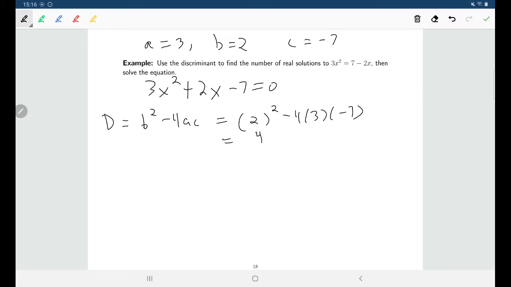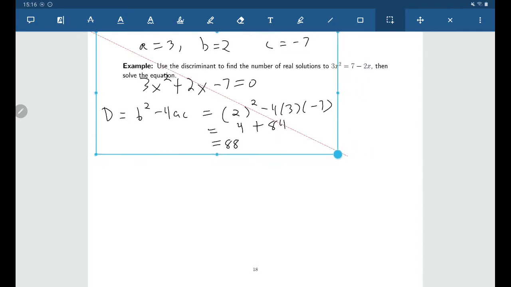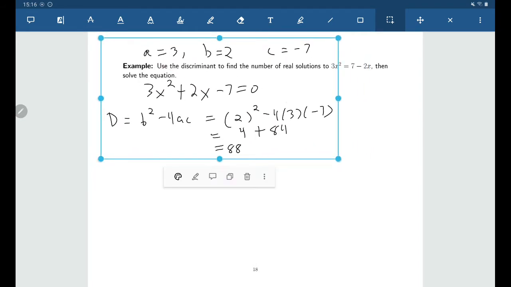Negative 4 times 3 times negative 7, that's positive 84. So my discriminant is 88. So that means that this equation will have two solutions, guaranteed two distinct solutions. And now the only thing left for me to do is to use that discriminant to solve my equation.